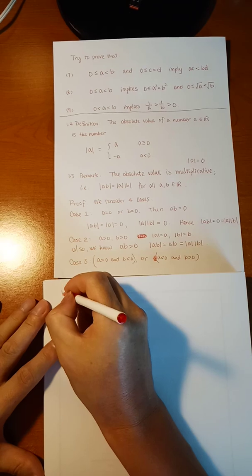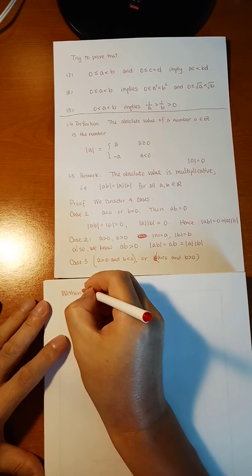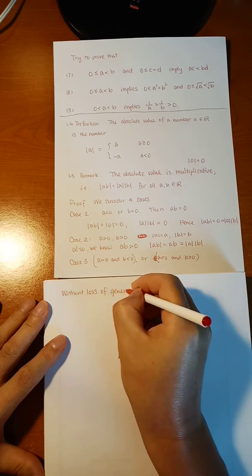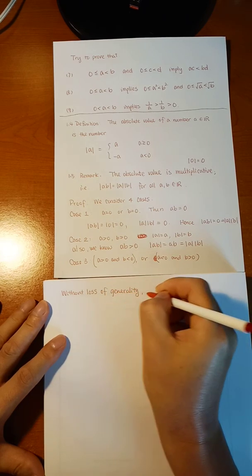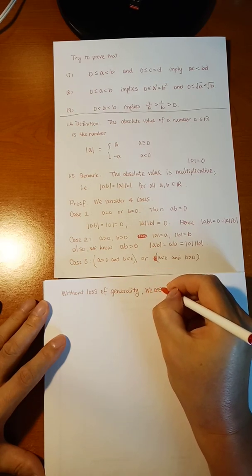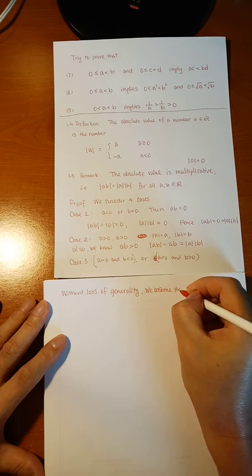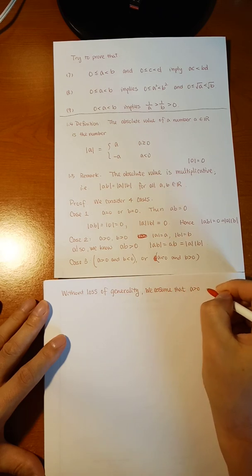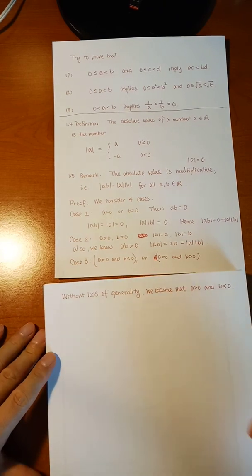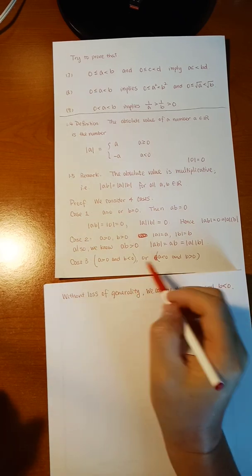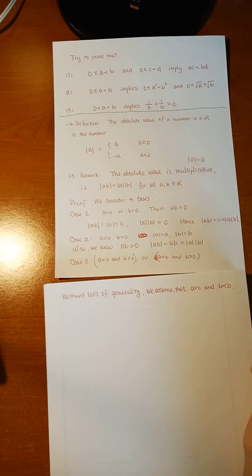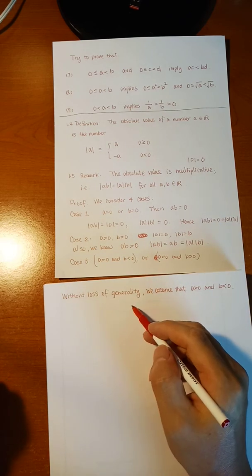You can also say without loss of generality, we assume that a is greater than 0 and b is less than 0. Assume this. All right? If you have the second case, you just exchange the places of a and b, then you will have the same proof. So that's why we say without loss of generality.